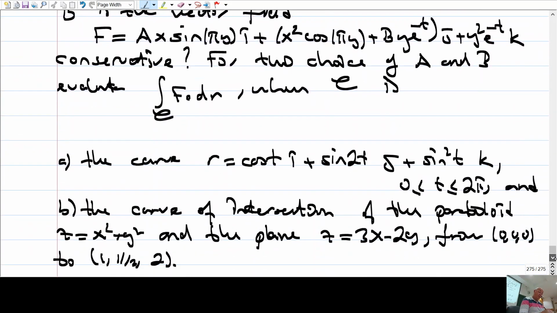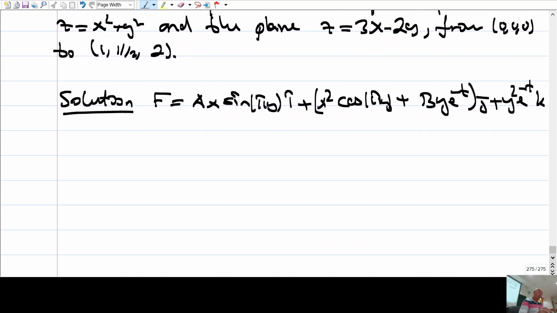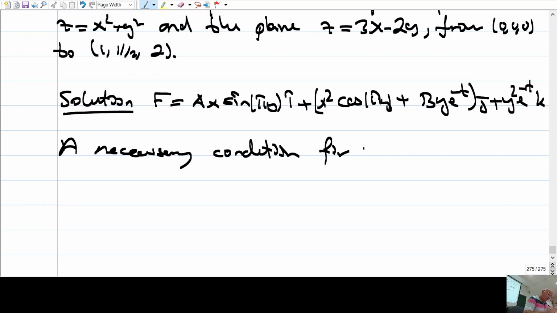Now, for this to be conservative, we have a necessary condition. A necessary condition for F to be conservative, what was that? Is the following.